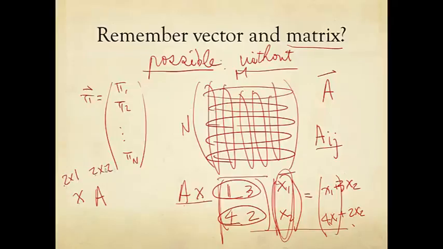Indeed, that's true. So what we need to do is to flip this vector into a row vector. For example, in this case, it will be x1, x2. This is a 1 by 2 row vector times the matrix, which is 1, 3, 4, 2. That's matrix A. Then it's okay, because X transpose, with this big T on top, is flipping the column vector into a row vector. And now you have a 1 by 2 object times a 2 by 2 object.